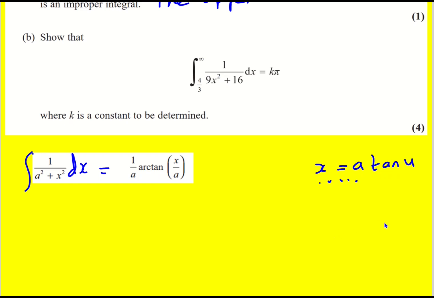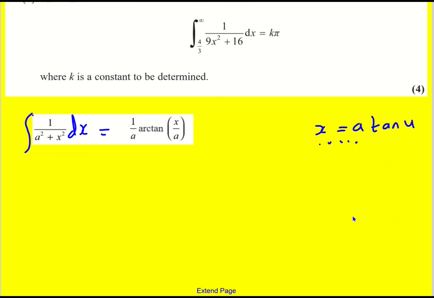So in our case, there are two ways we can deal with this, and I'm going to talk about both. The way that I did it is I thought I want to get rid of the 9 because I want an x squared here. So I'm going to factorize out a 9 from the bottom. It'll become the integral between 4 over 3 and infinity of 1 over 9x squared plus 16 over 9.